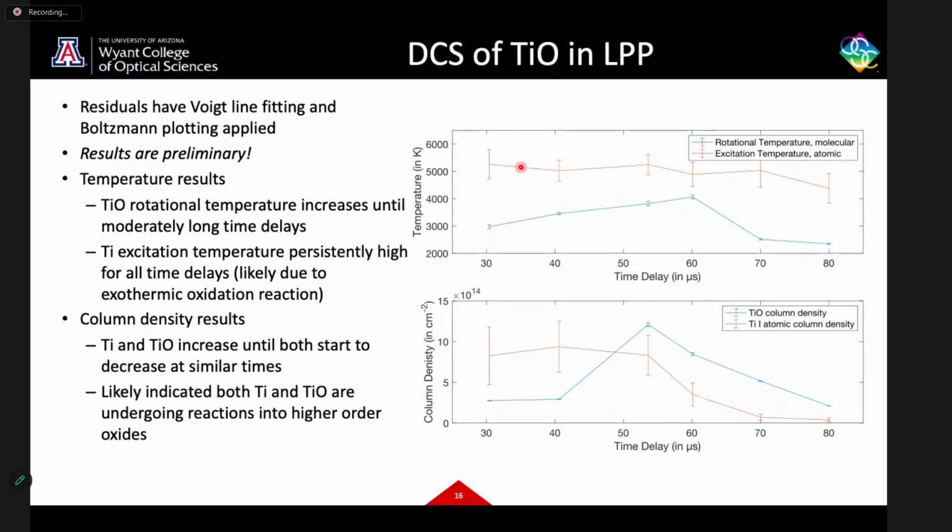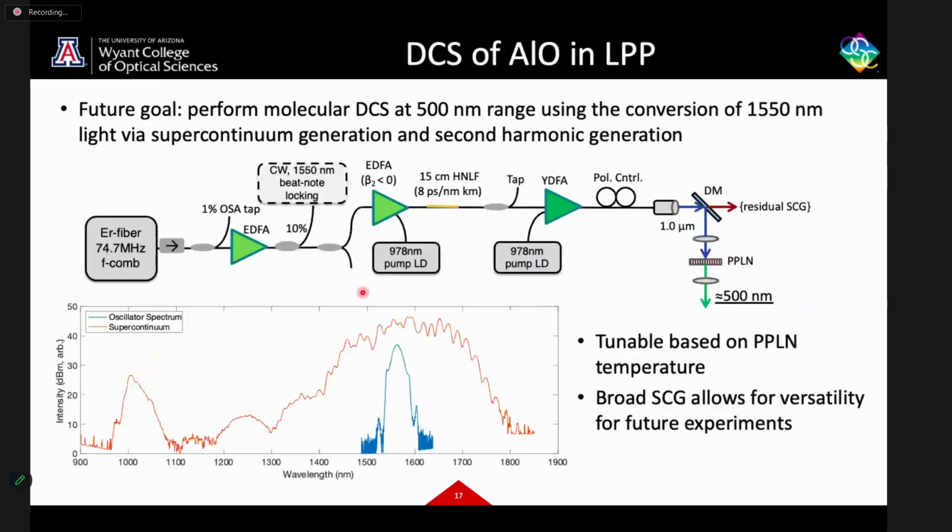So being able to get these types of measurements simultaneously at these time delays is very good. It shows good promise for applying this technique in the future for even more applications.